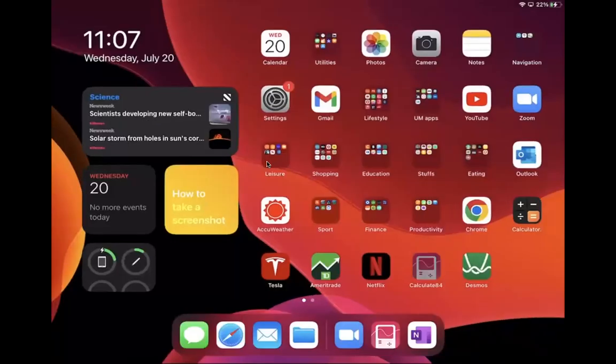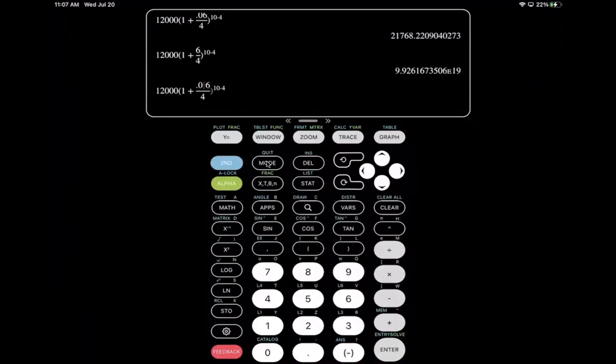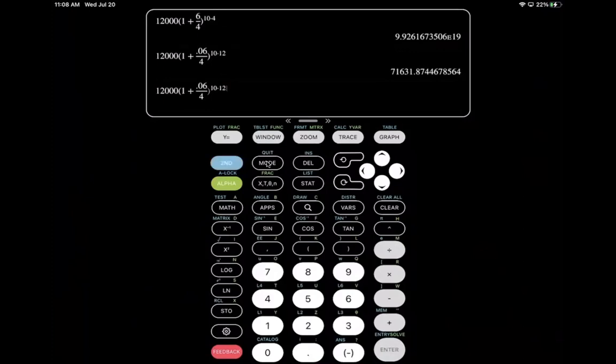On the calculator, I'm going to use second entry, and then just change this one. Delete, 0.06, and then go over and change your number 4 into 12. Oh, I forgot to change the 12 in the denominator as well. No wonder it looked so good.